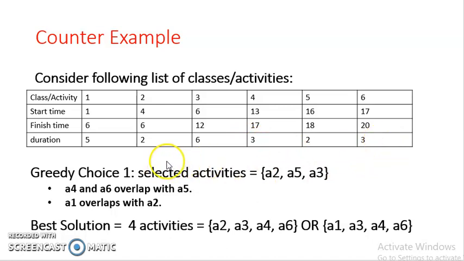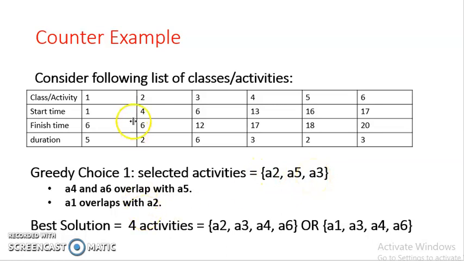Next option that you have is A1, but you cannot schedule A1 because it overlaps with A2, so you are only left with A3, and as it satisfies the compatibility constraints, you can schedule it.